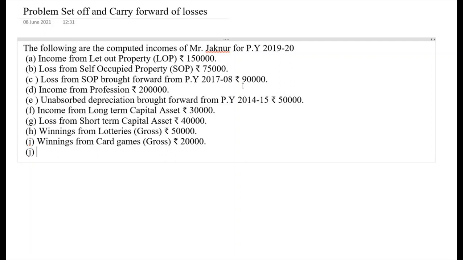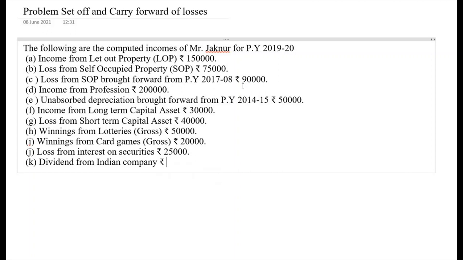J, loss from interest on securities, rupees 25,000. Next, K, dividend from Indian company, rupees 30,000.